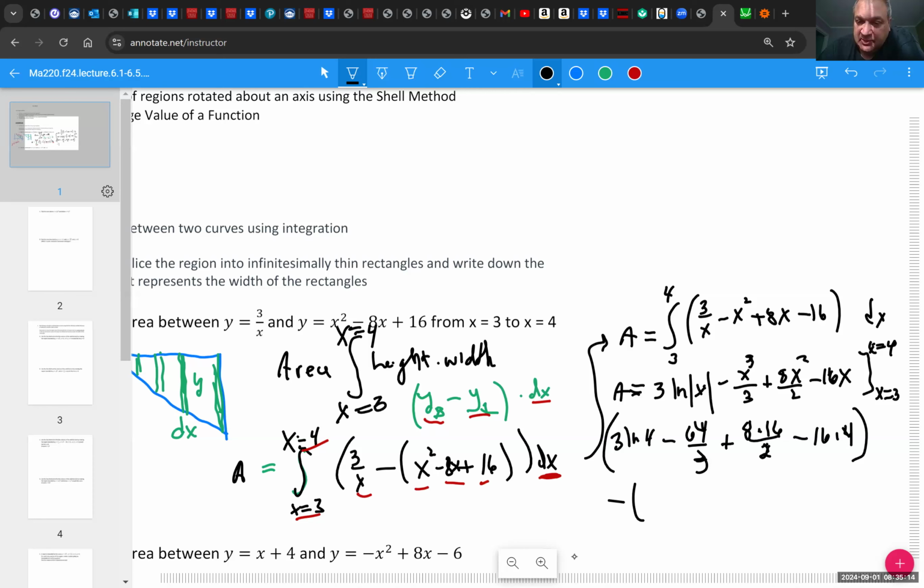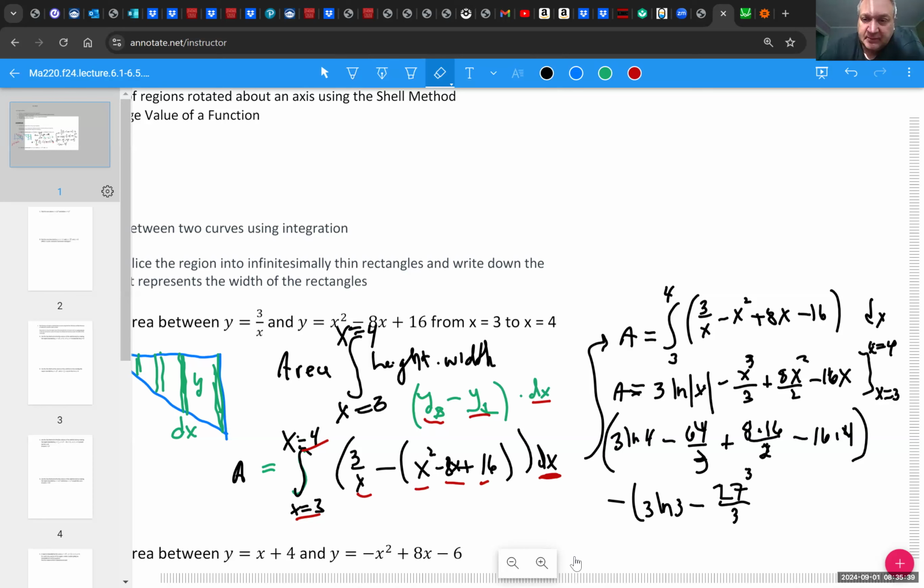So then I get 3 ln 3, etc. I don't need to go through all the arithmetic for you. At this point, I think our time is better spent doing calculus than just doing all the arithmetic. So that's x cubed over 3 when x is 3. Oh, it's not 27 cubed, sorry. X cubed is 27.